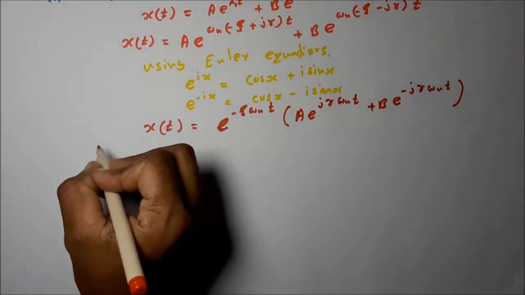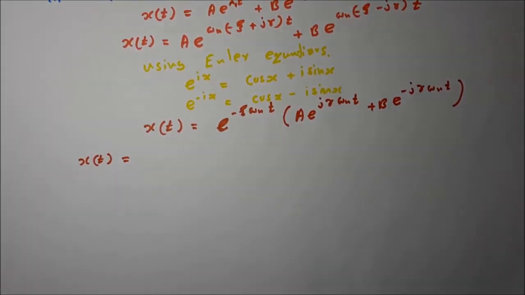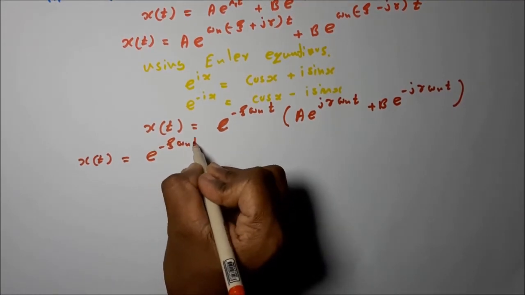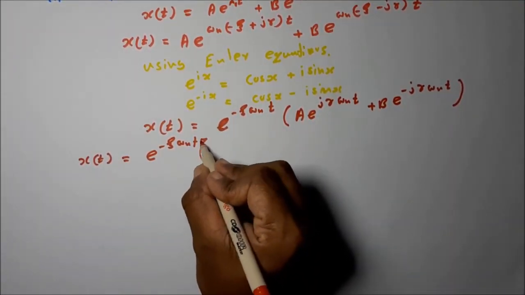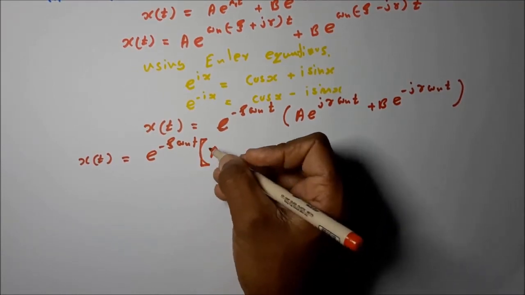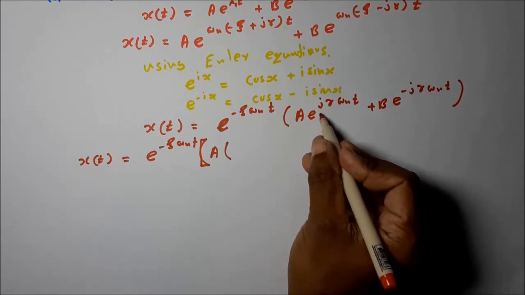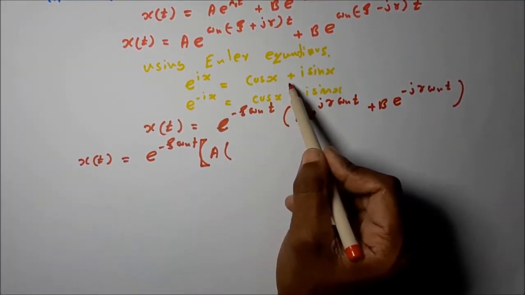Then x(t) is equal to e^(minus theta omega n t) times A, what is e^(j gamma omega n t) according to the Euler equations?